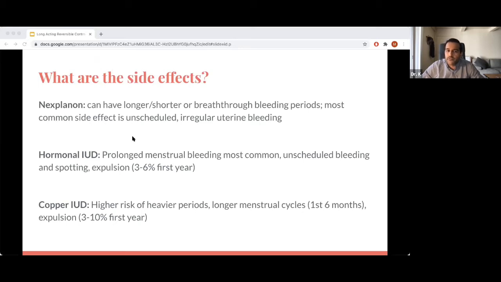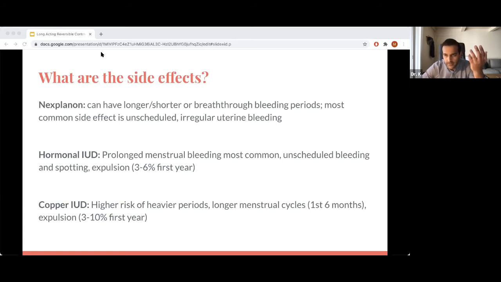So what are the side effects of these? For the Nexplanon, you can have longer or shorter or breakthrough bleeding periods. The most common side effect is breakthrough bleeding. It's usually highest in incidence in the first 3 months, and that decreases in the first year of use, and usually levels off and plateaus at years 2 and 3.